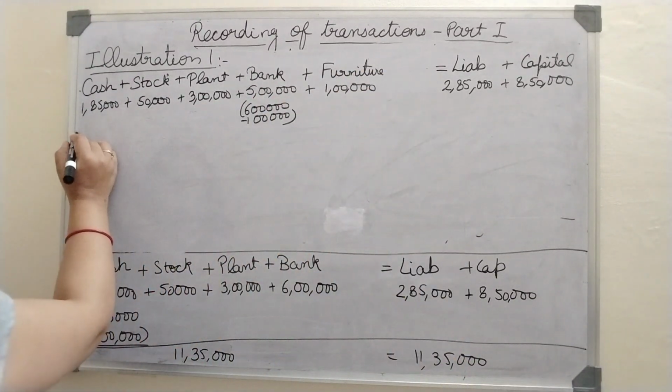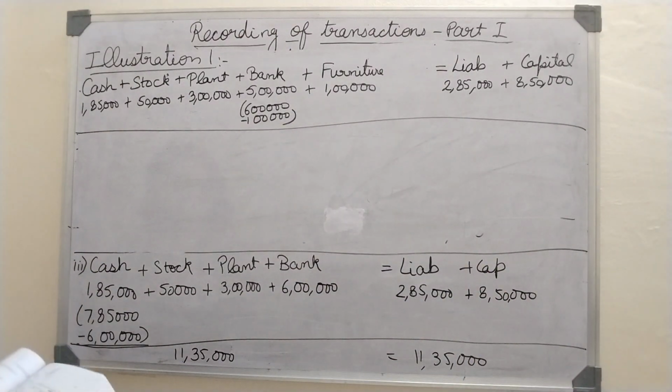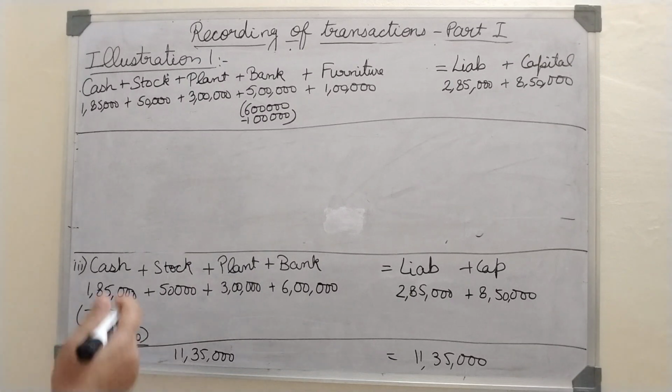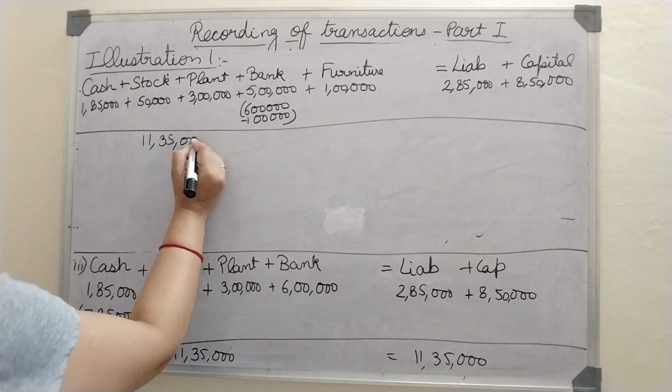There should be no mistake, right? So again let us check our amounts. 1,85,000 plus 50,000 plus 3 lakh plus 5 lakh plus 1 lakh. Then on that side we have 2,85,000 plus 8,50,000. So the total again comes to 11,35,000.